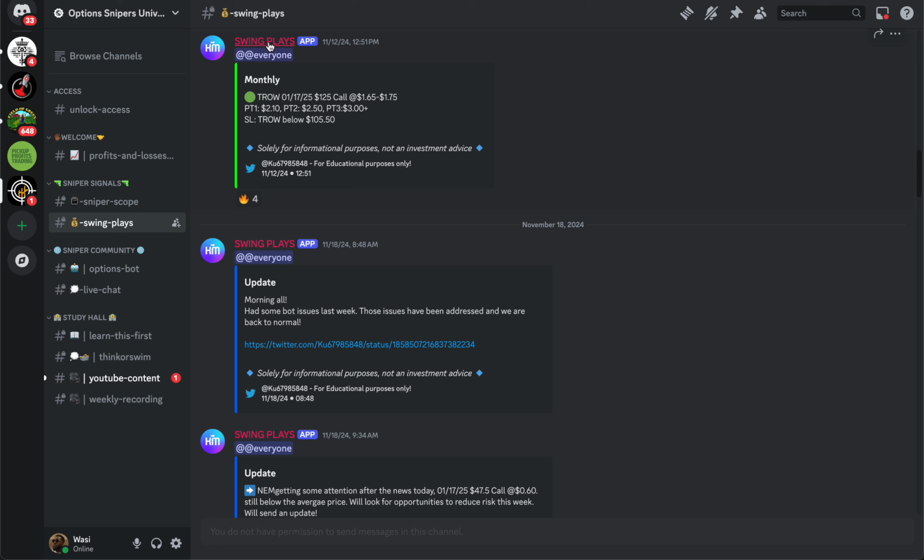As far as the swing plays are concerned, we have the idea of getting into a trade and getting out of it with profit. So these are essentially trade ideas. With the trade ideas, you would see the duration you're supposed to be potentially holding this trade.